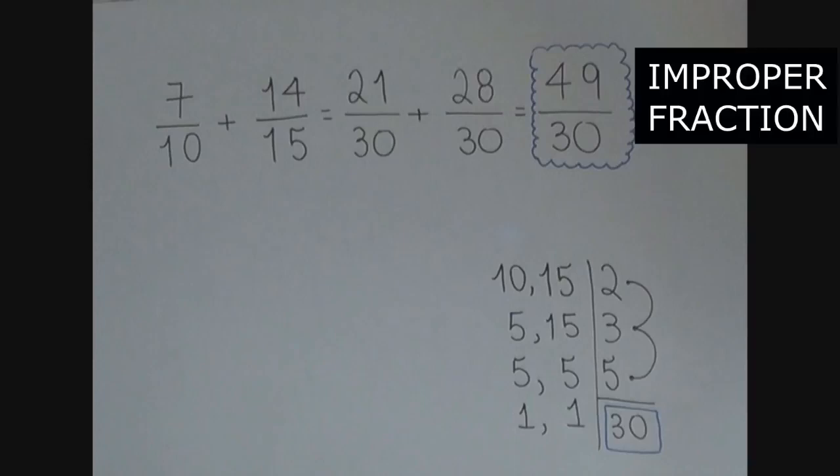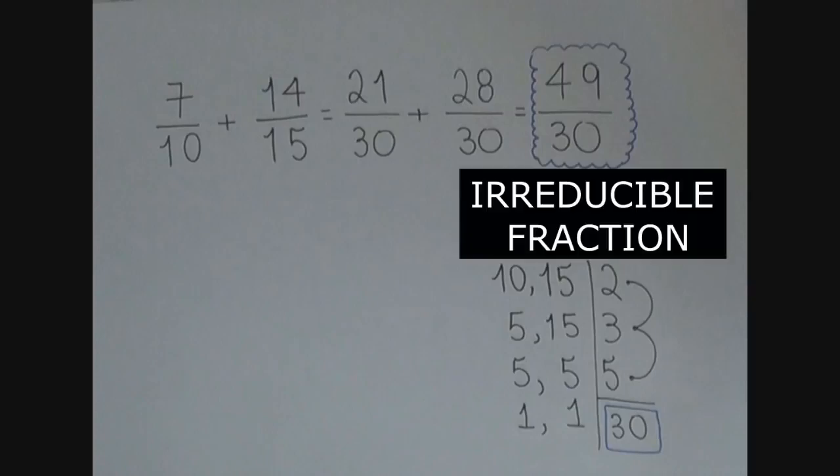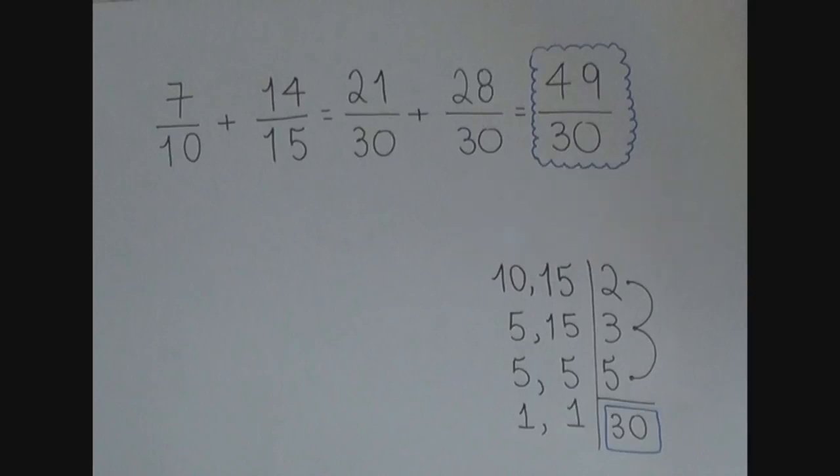It is an improper fraction, since its numerator is greater than its denominator. Can this fraction still be reduced? No. This fraction is already reduced, since its numerator and denominator have no common factors. 7 over 10 plus 14 over 15 equals to 49 over 30.